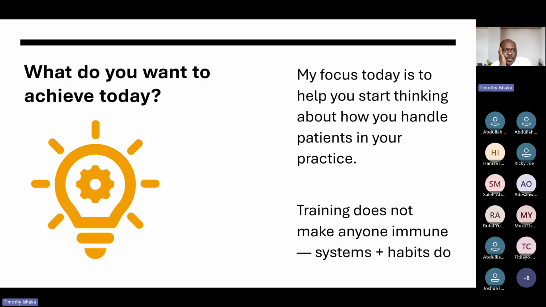Now the question is, I believe apart from getting licensed, I hope that we are here because we want to achieve something. License is absolutely important, but also I hope we want to achieve something. So the question that I want you to think of is, what do you want to achieve today?